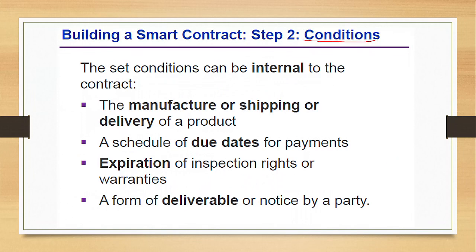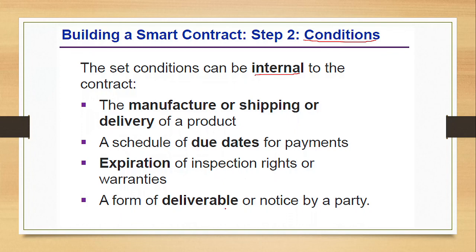Now, the set of conditions can be internal or external. We have just looked at the 2 types of smart contract, non-deterministic and deterministic, right? So if you talk about internal, this is kind of deterministic, right? The set of conditions can be internal to the contract, like the manufacture or shipping or delivery of product, schedule dates, expiration.